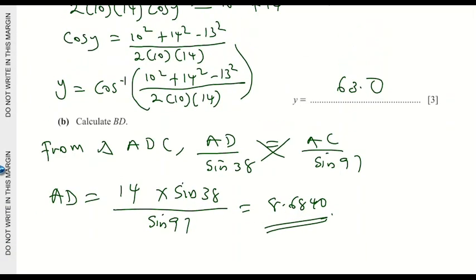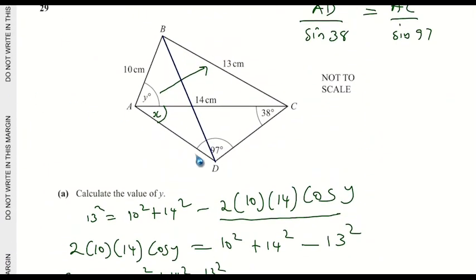Now, we already know AD. So the next thing is to get this angle X here. So how are we going to get angle X? We can find angle X now from triangle ADC.